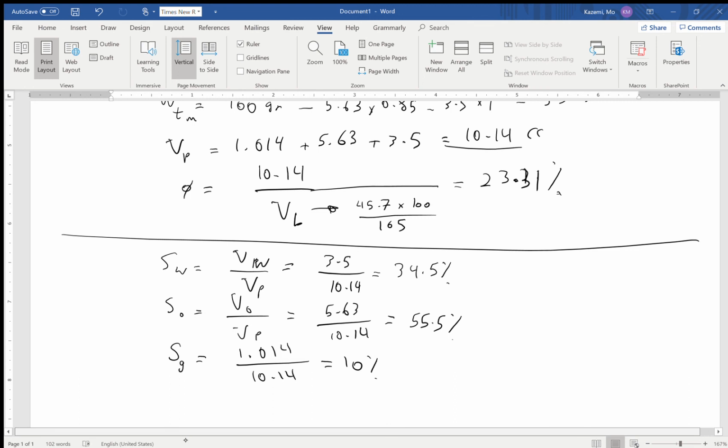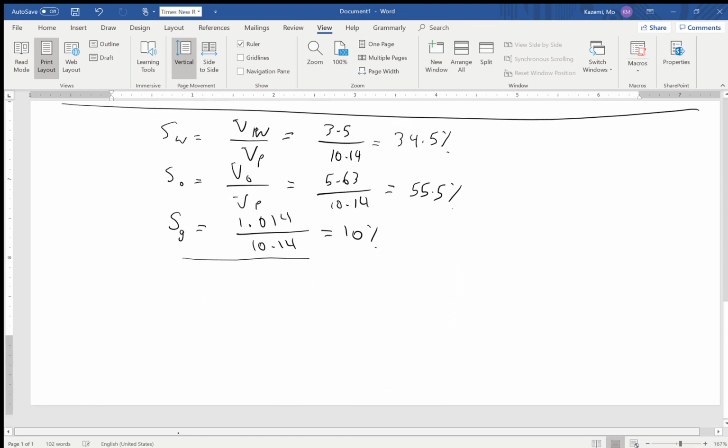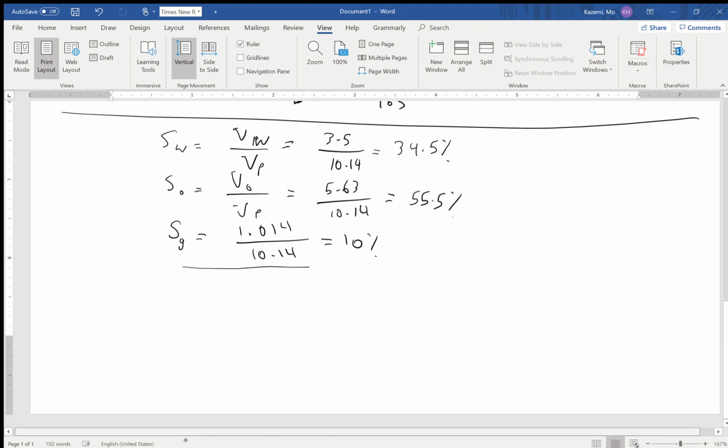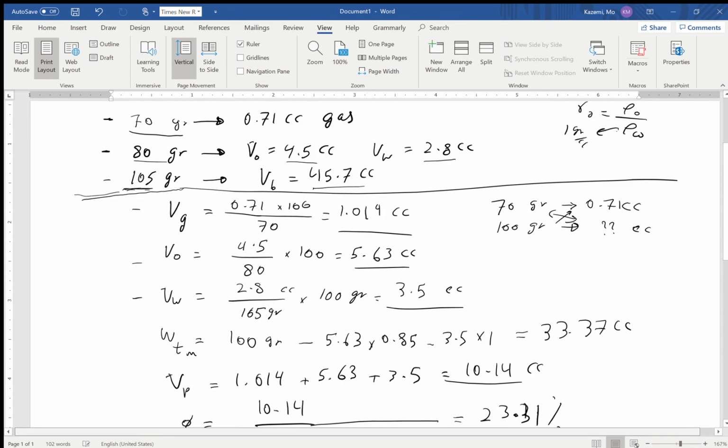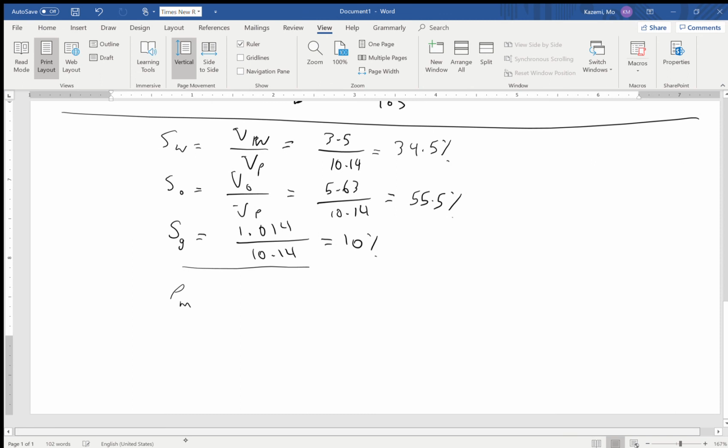And finally, we can find the density of the matrix. Why do we need that? We need it because we want to find the lithology. So the density of the matrix is basically the weight of the matrix, which was 90.